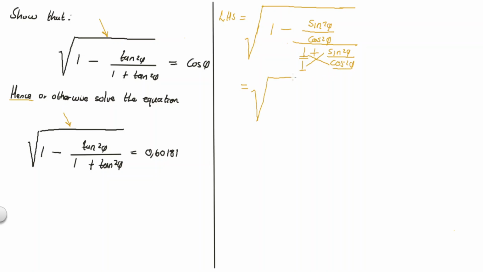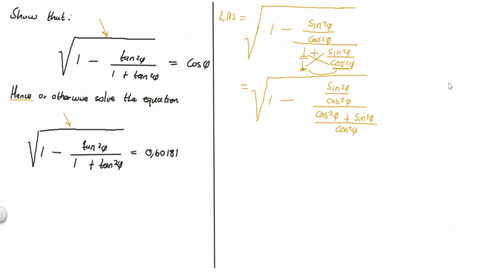Then it is 1 minus sine squared over cos squared theta, divided by cos squared theta, this cos multiplied by that one, plus that one times that sine, so you get sine squared theta over cos squared theta. Then we multiply the two denominators.